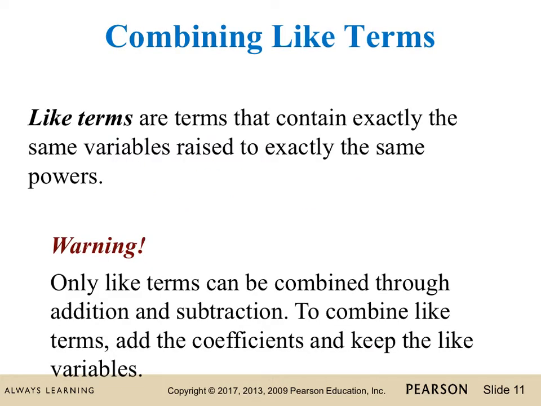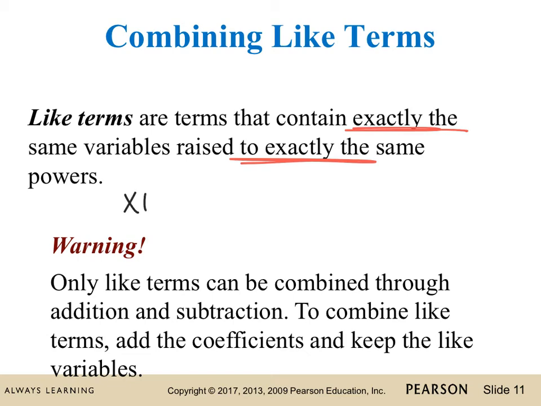Let's talk about combining like terms. Like terms are terms that contain exactly the same variables raised to exactly the same powers. We can only combine terms if they're like terms, and we do that through addition or subtraction. When we combine the terms, we're going to add the coefficients and keep the variables.